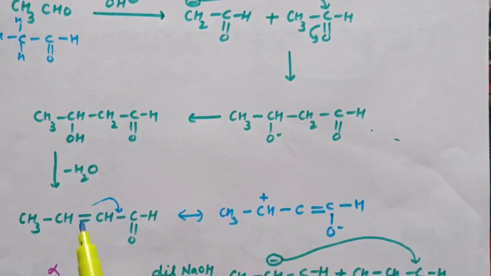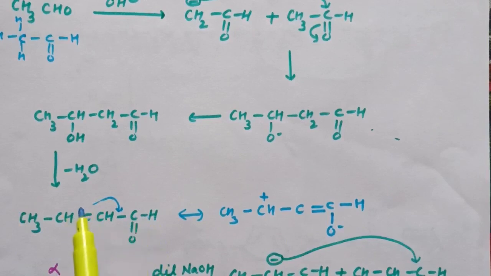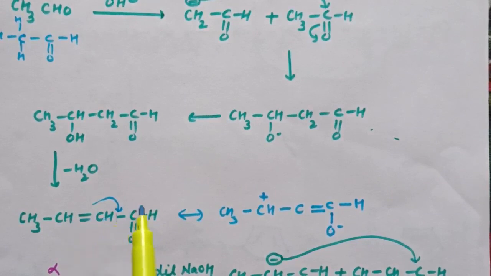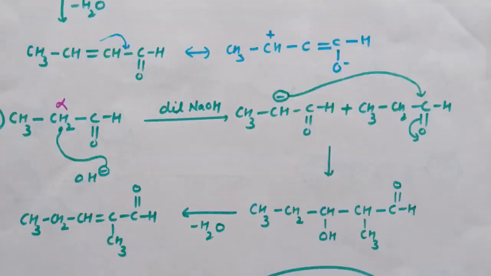Now here this double bond and this carbonyl group are in conjugation, and this is more stable. So always remove water in such a way that the carbon-carbon double bond and the carbonyl group both are in conjugation with each other.